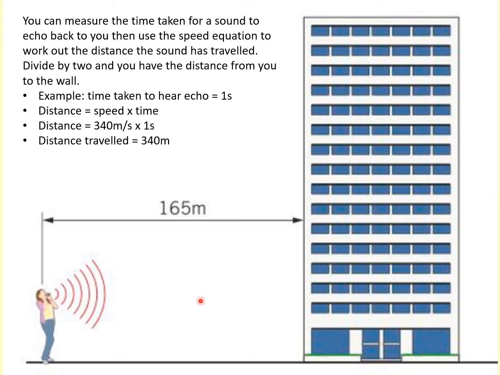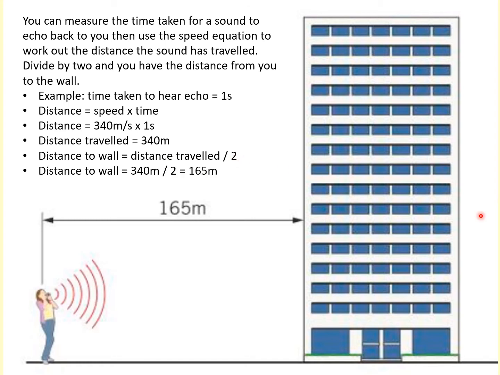So it's travelled 340 meters. But it's going in 2 directions and we want to know how far this person is from the building, so we do the distance to the wall is distance travelled divided by 2. So the distance to the wall is 340 meters divided by 2 equals 165 meters, which is what we've got here.